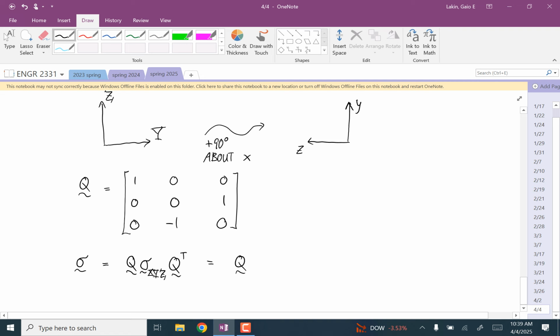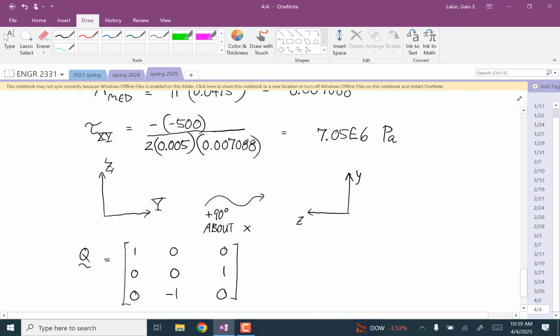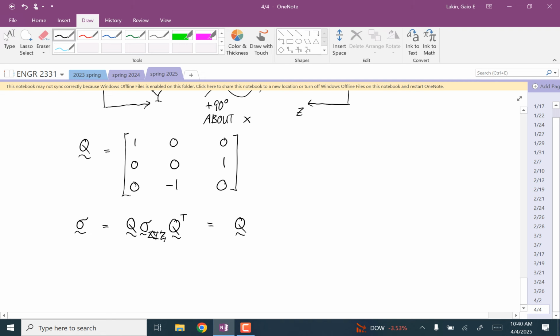So that is Q times, I never wrote this, 0, 7.05, I'll just do it in megapascals, 0, 7.05, 0, 0, 0, 0, 0, and then times Q transpose.